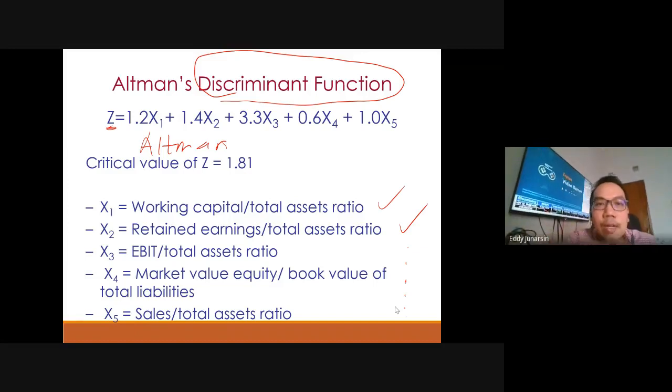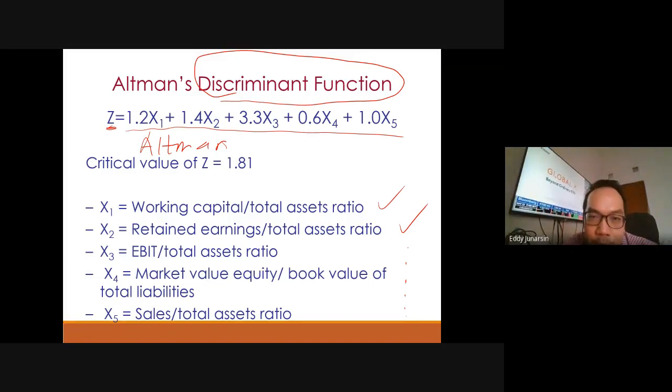So again, you don't need to memorize this, of course, right? If you forget, you just check on Google, even the newest or the most updated version of the z-score. The successor of Altman would continue conducting research and finding new coefficients or even new variables that would affect the z-score.